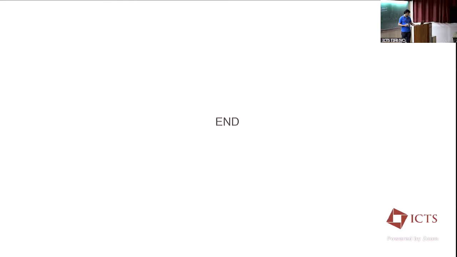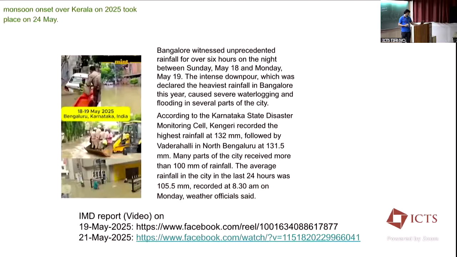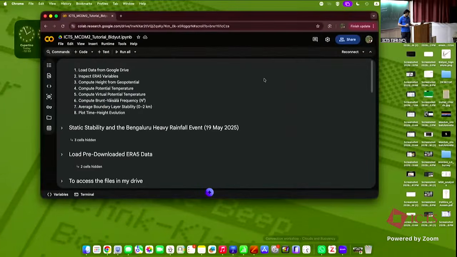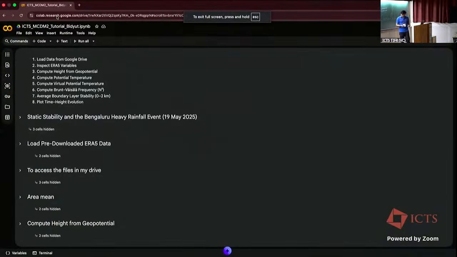I think this is not the end, this is just the end of the presentation, because I'm going to go to my notebook now. So this is what we're going to do. This is the outline of my notebook.